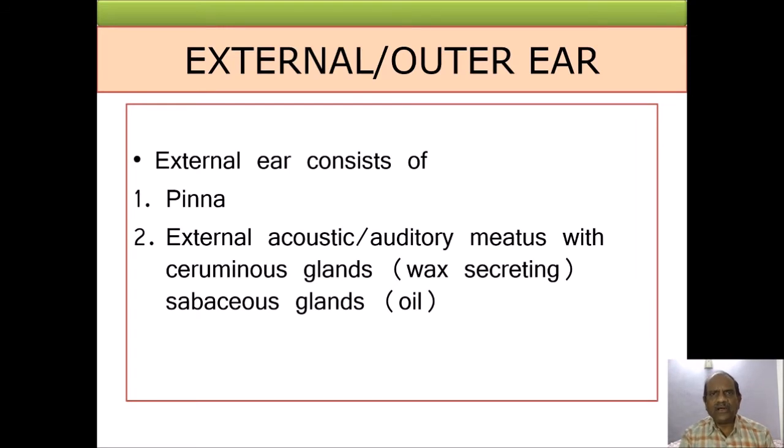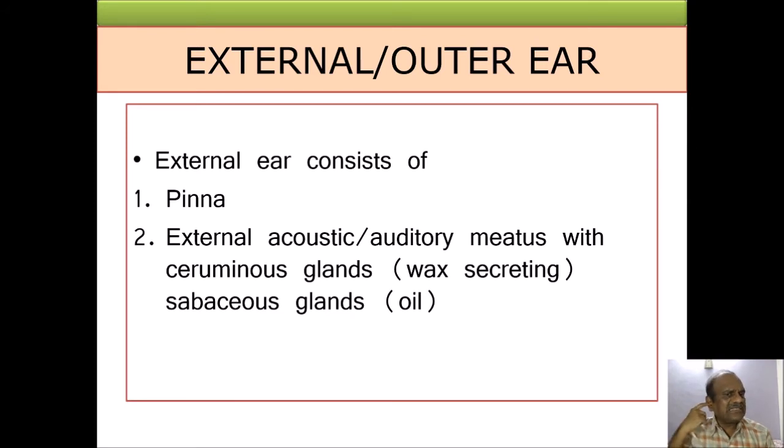Now coming to the structure of the ear, we will not go into that much detail. I will try to cover some of the points which are needed for our discussion. Now the external ear consists of the pinna or auricle.